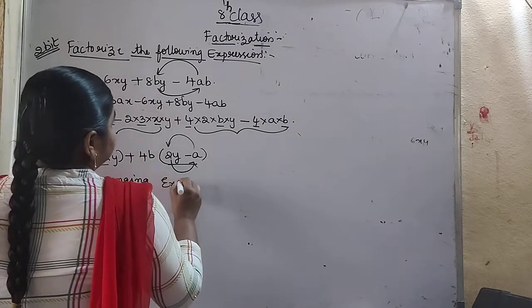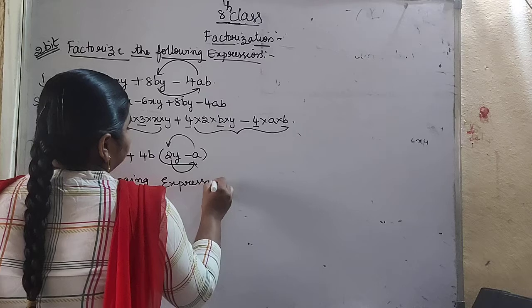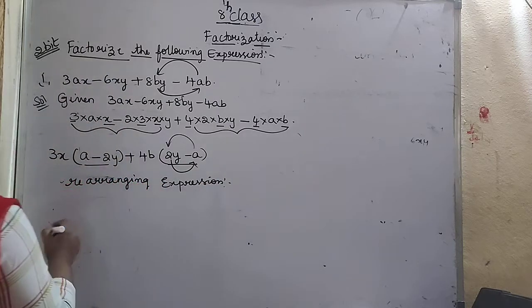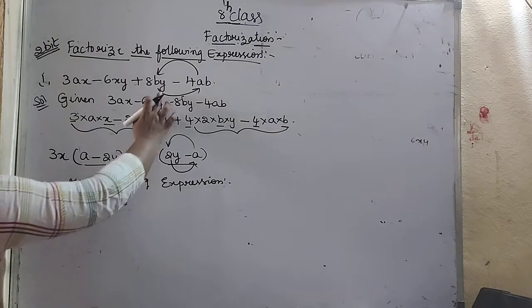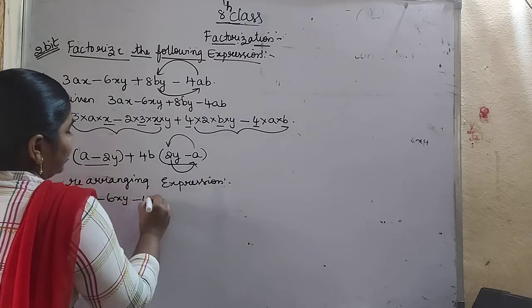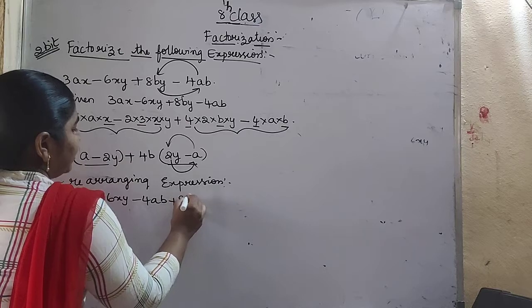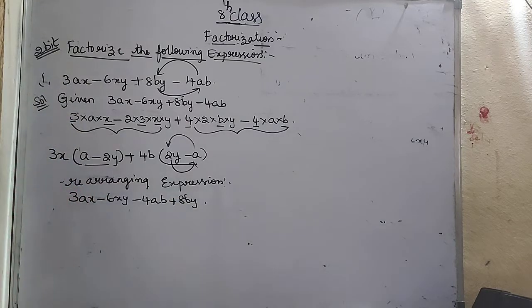So what is the rearranged expression? That will be 3ax minus 6xy, and these two I am shuffling, that is minus 4ab plus 8by. Okay, so now we can do the factorization.